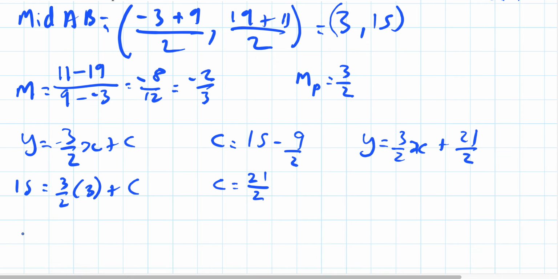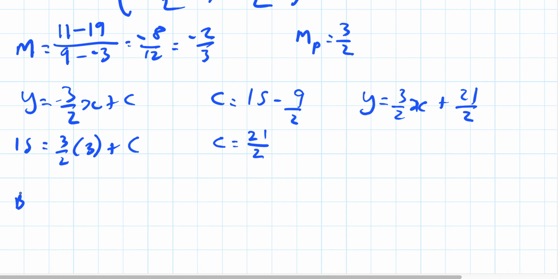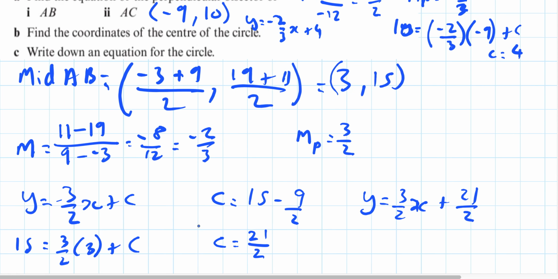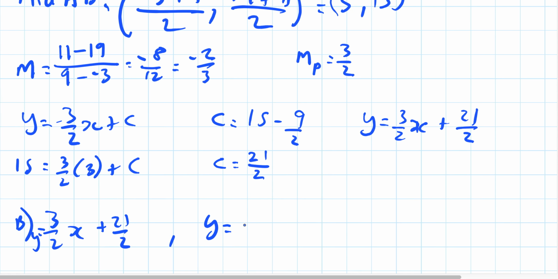So this is part b. It's y equals 3 over 2x plus 21 over 2. And we have the next one, y equals minus 2 over 3x plus 4. Let's work that out simultaneously.